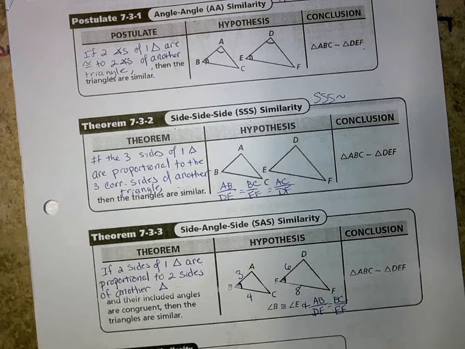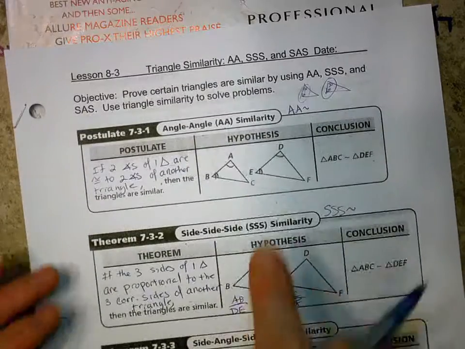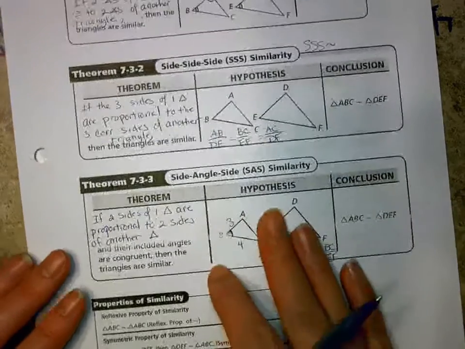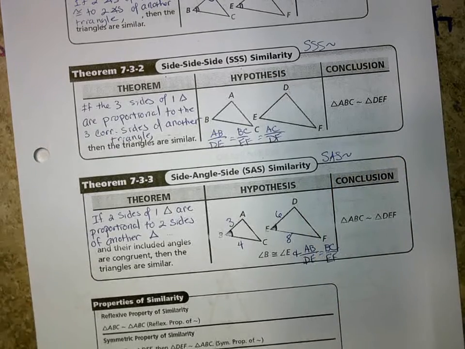So we're going to think side-angle-side similarity. Okay, so just a quick rundown, what are the three ways we can prove triangles are similar? We have the angle-angle similarity, we have the side-side-side similarity, and then we have our side-angle-side similarity, and that's how you'd abbreviate those.